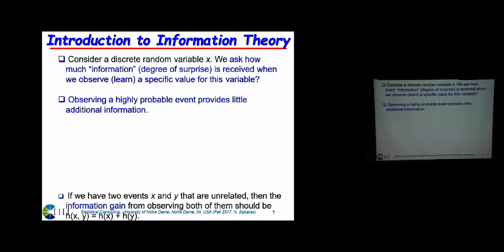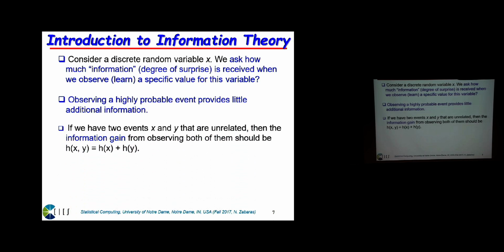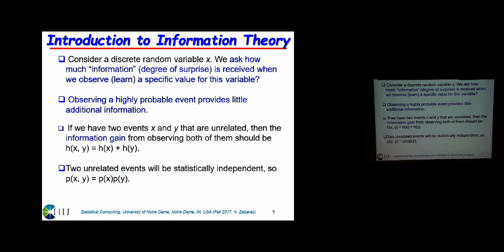And we also need another very obvious statement here: if we observe the values of two variables, let's say x and y, that are independent of each other, what we learn by observing both x and y should be the sum of h of x plus h of y. And a good way to come up with a measure of what h should be is to look at the probability of two independent events, p of x and y being p of x times p of y.